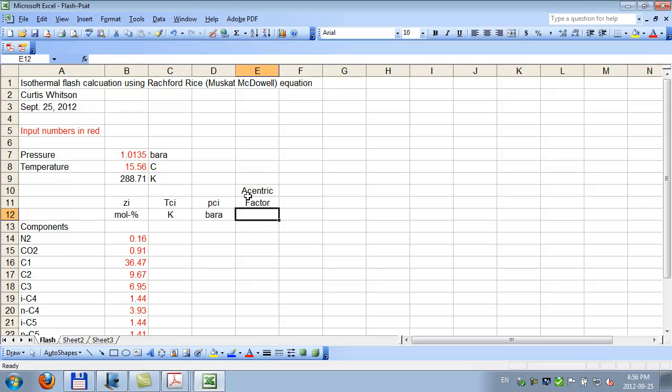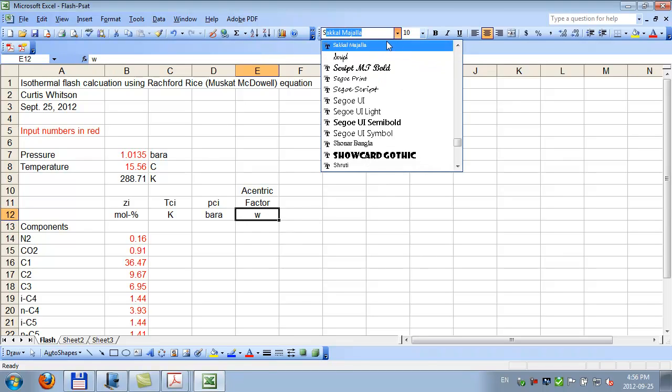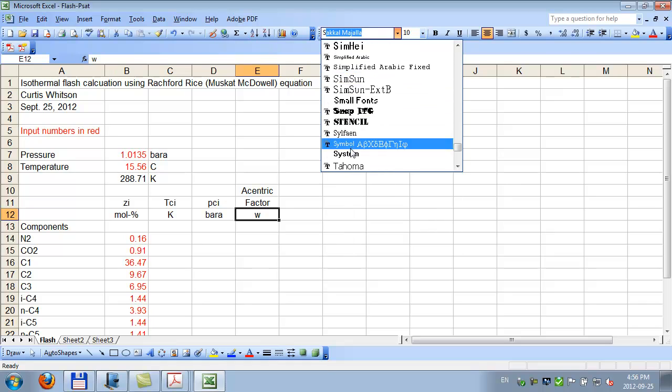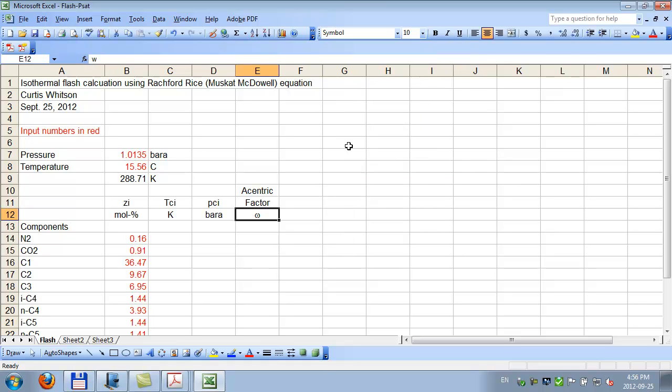I think you can do it. I generally would never waste my time doing this, but you can do this if you go to symbols, just for your sake. But that's not required. You can still pass without that.